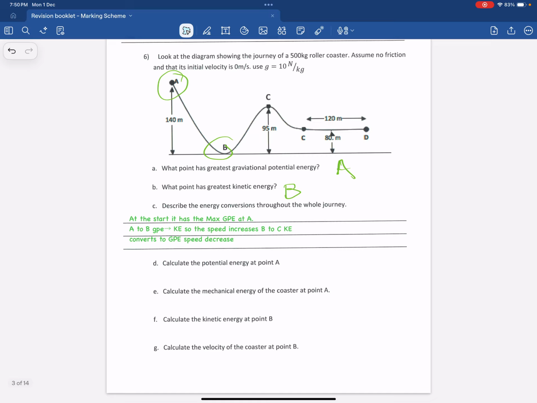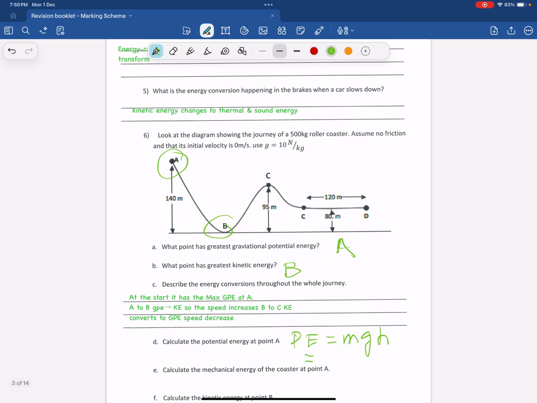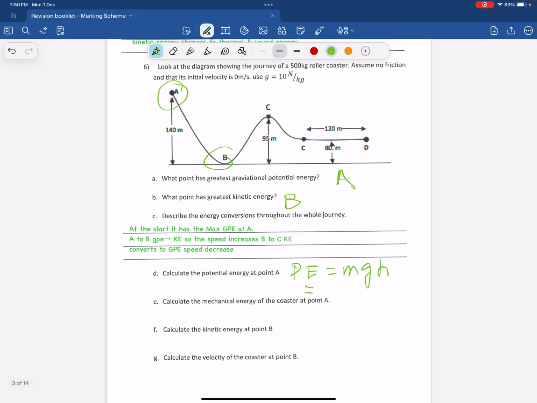Now calculate the potential energy at point A. So we have to find the potential energy at point A. We know potential energy is equal to mgh. We have mass, 500 kg, as you can see written here.